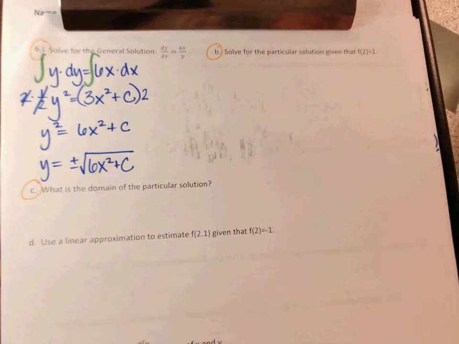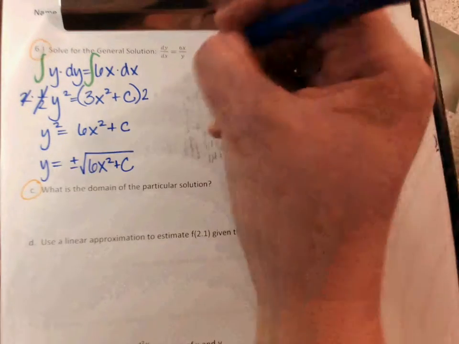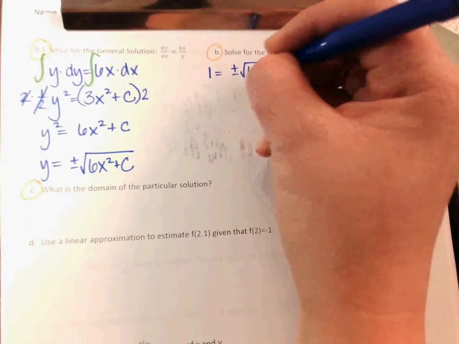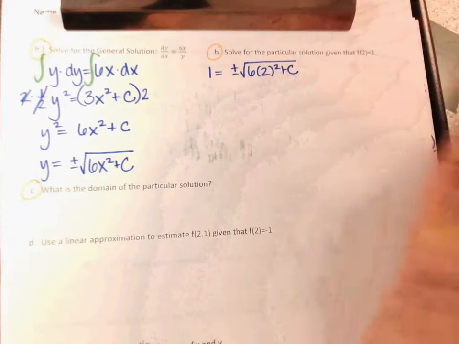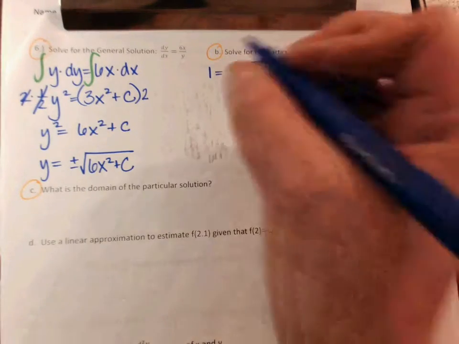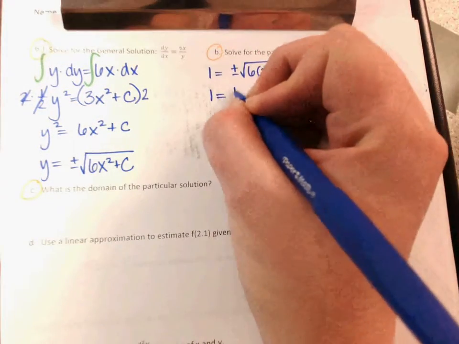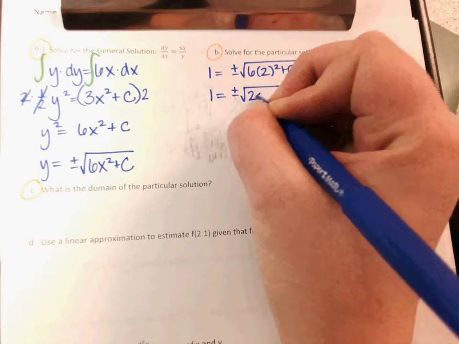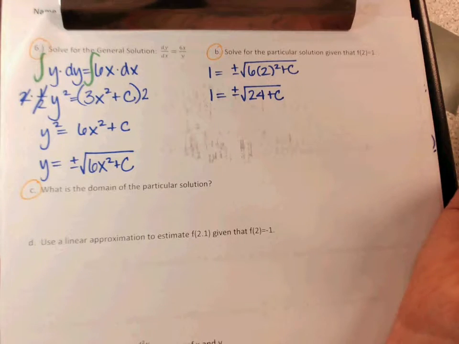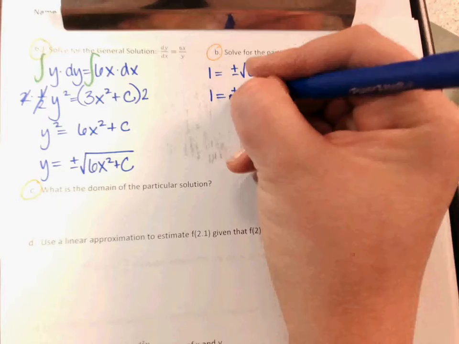Okay, from here, solve for the particular solution. 1 is the answer when I plug in 2. 2 squared is 4 times 6 is 24, plus c. I still forgot to do what? You have to pick the plus or the minus. Which one will I pick here? The plus.